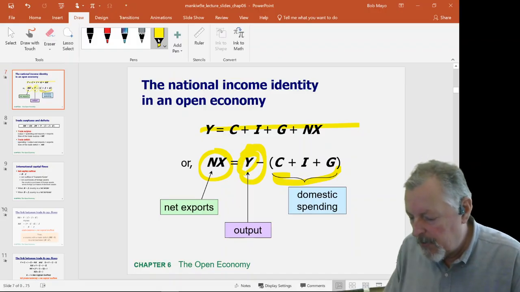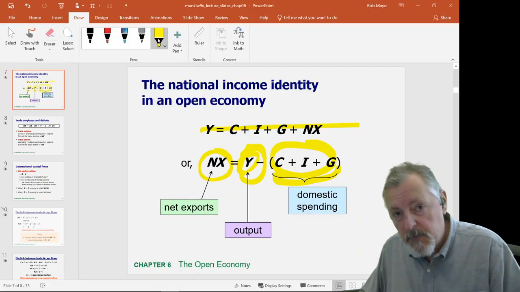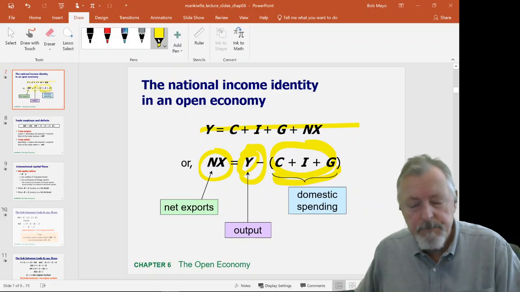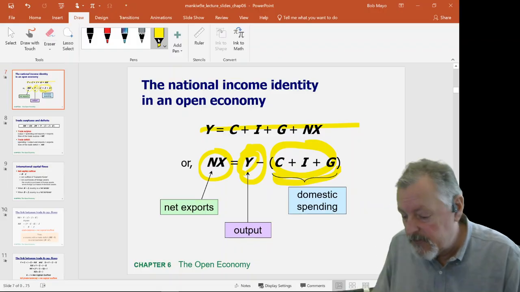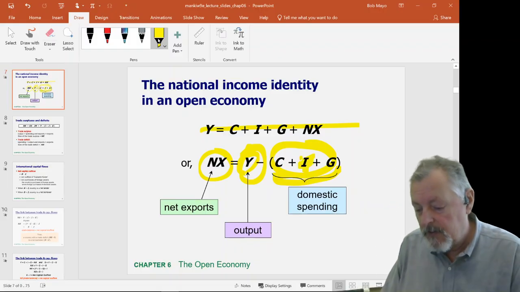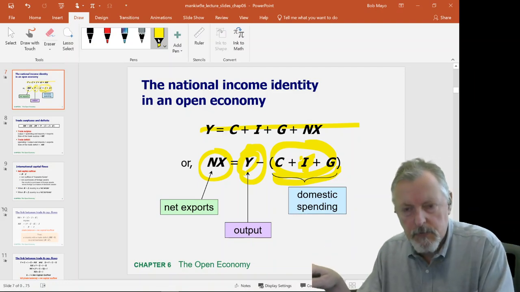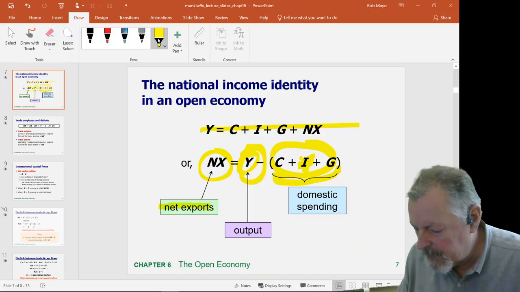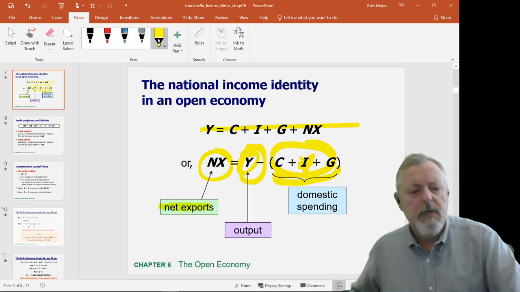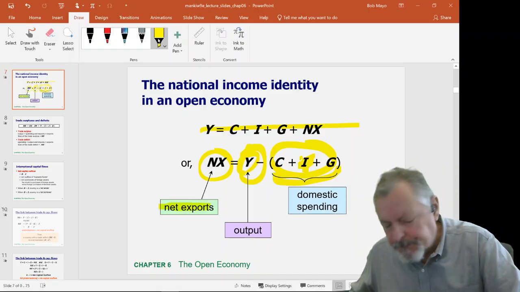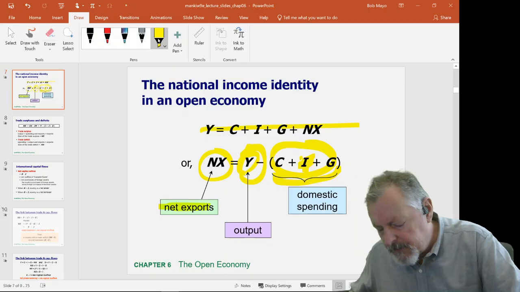You produce that much, you consume that much. What's left over? Savings. Savings that is not invested. It goes out. But that's capital going out. This term on the left, net exports, is goods and services. This concept gives some students a little trouble.